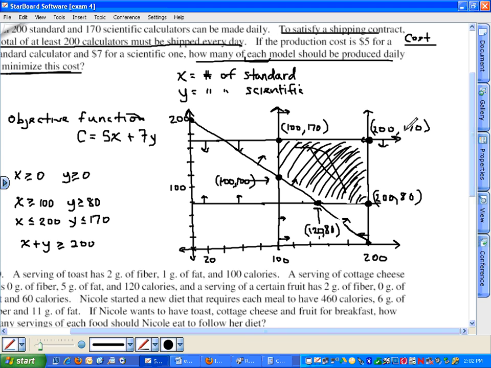The cost of this one, 200 comma 170: if I take 200 for x and 170 for y and plug it into our cost function, that's going to give us a cost of $2,190. This one down below, 200 comma 80: if 200 standard calculators were made and 80 scientific calculators were made, that's a cost of $1,560.